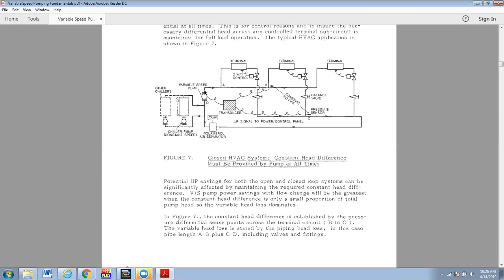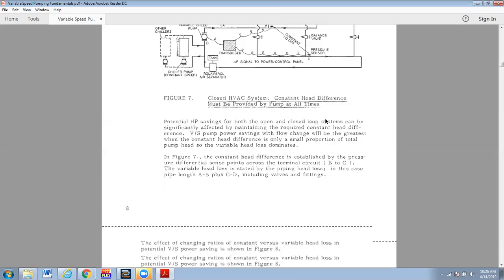So A, B, C, D is the variable head loss. When we reduce flow, that's where the energy savings are going to come from. All of that loss, all the fittings and everything in there, if we go to 50% flow, we'll see that head loss drop by 75% or a factor of 4 because of the squared relationship.